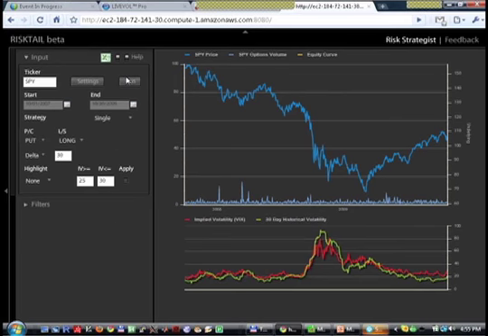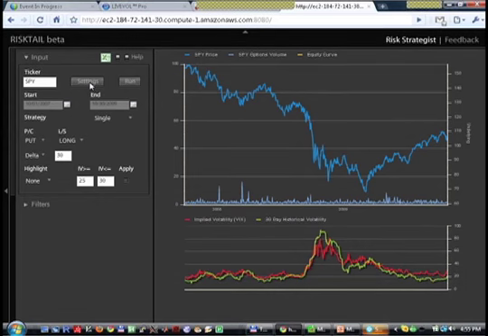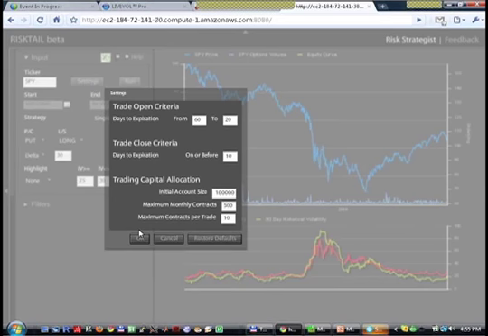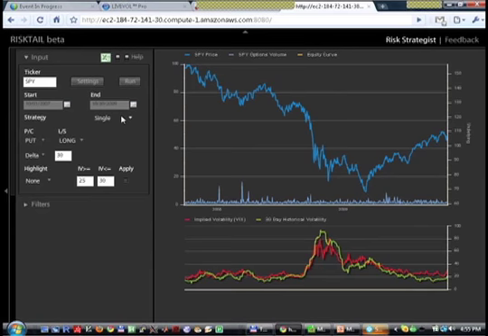The way you use it is you specify parameters for trading and asset allocation criteria to the left, and then you see some output to the right. So let me do an iron condor. We're going to do it short, and I'll do 18 delta. That's a short delta. It's going to be symmetric, and hit run.